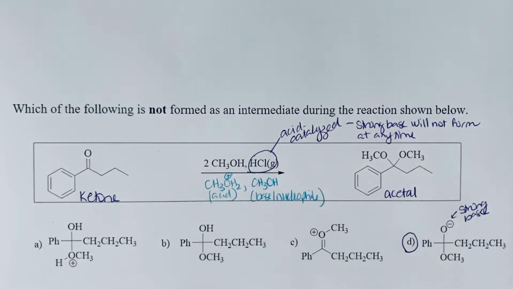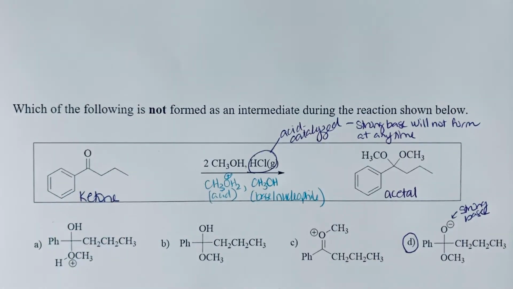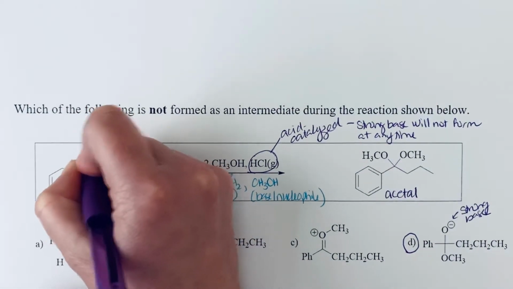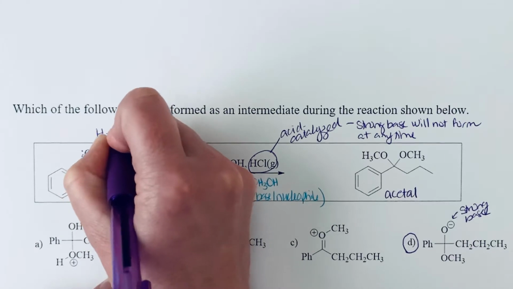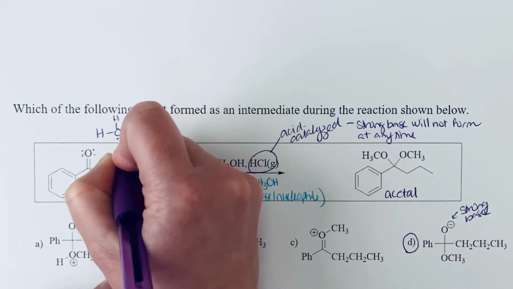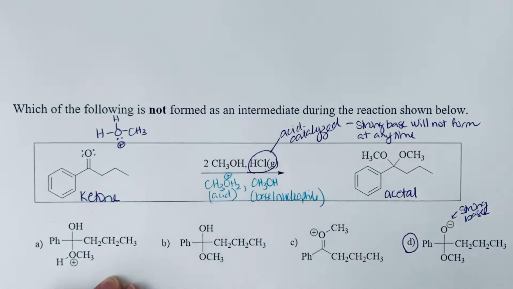All right, so when you've got an acid catalyzed process and a carbonyl, the first thing you're going to do is you're going to protonate the carbonyl. Because if we didn't protonate the carbonyl, we could get to something like this, and we just said that that is a no-no in this sort of solution. So the first thing that's going to happen is we are going to protonate the carbonyl oxygen. So we are going to draw our active acid species, which is that protonated methanol, and we're going to use it to protonate the carbonyl.